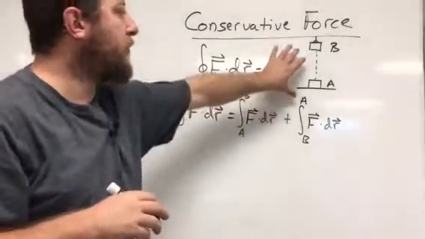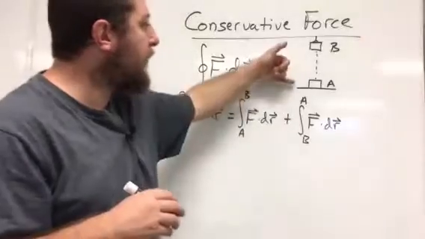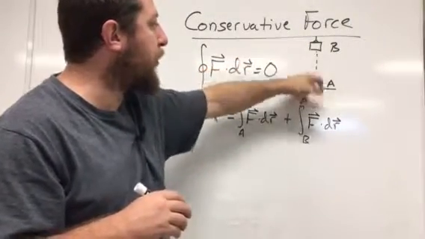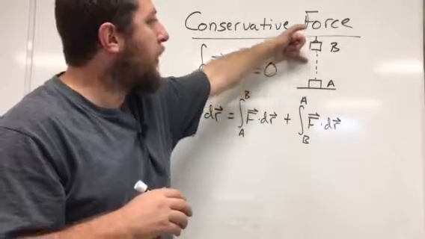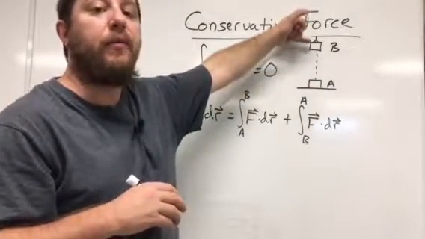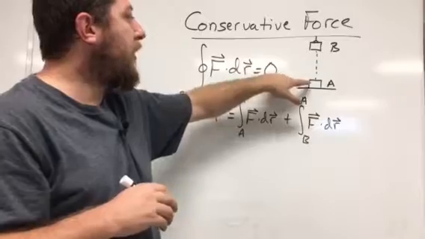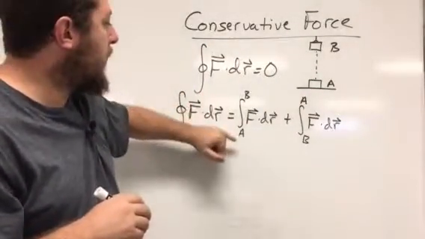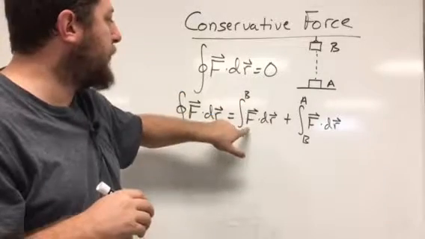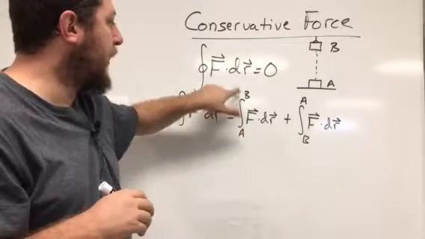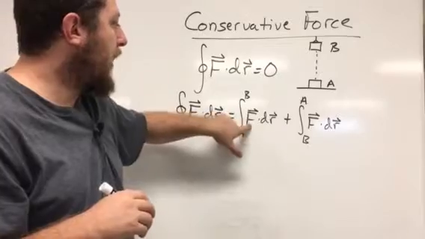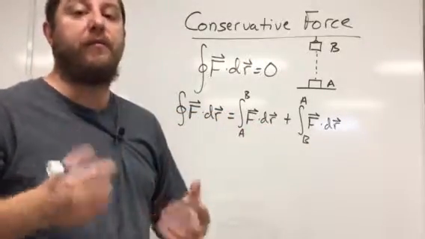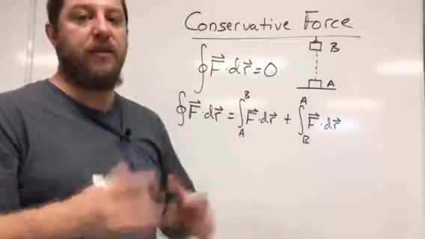So let's look back at the brick. If I have a brick resting on a surface, and it's lifted up from point A on the ground upward by a crane to point B, then the definition of the work integral is going to be the integral from point A to point B of F dot dr. Here we're looking at the force of gravity, and we're trying to show that gravity is conservative.